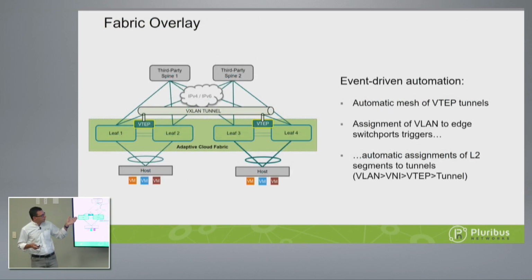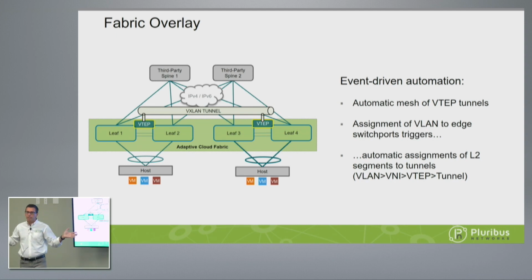But what's really interesting is actually what we do on the overlay side. Across all the leaf, we build VTEPs, and all these VTEPs automatically build a mesh of tunnels. So you don't have to worry about building tunnels.